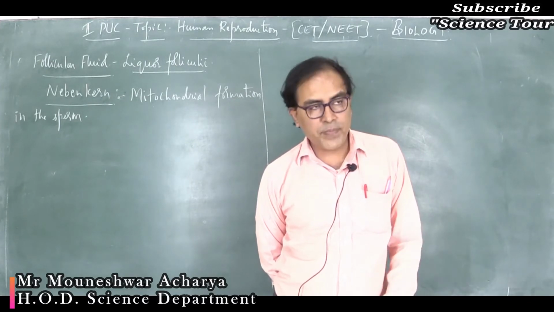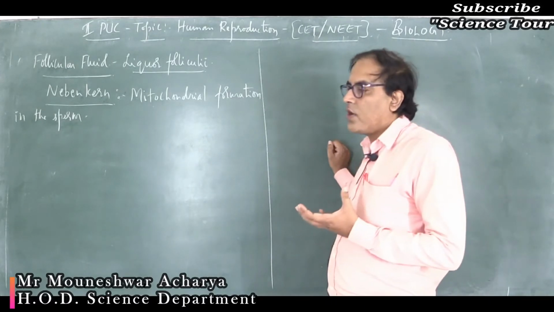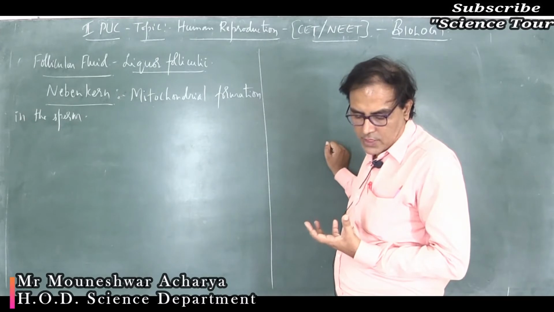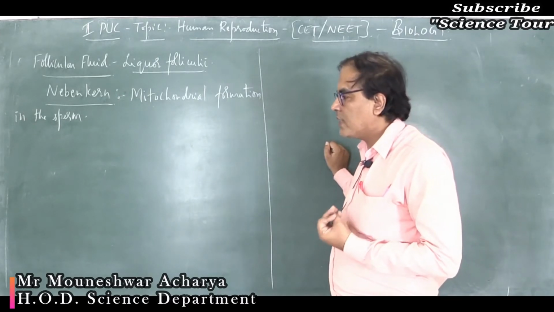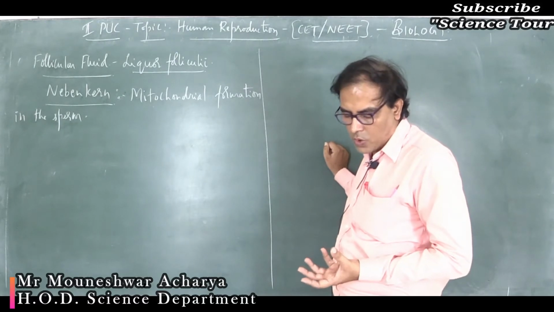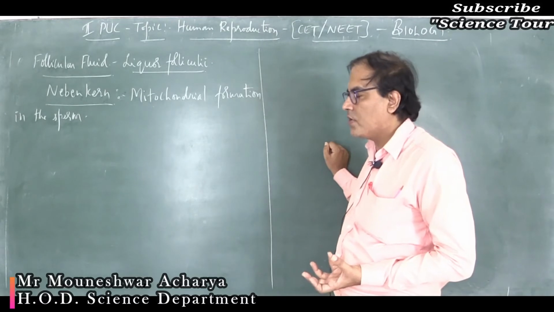It is not the fallopian tube. Fallopian tube means the oviduct, which is part of the female reproductive organ. Pituitary is the master gland which secretes the pituitary hormones. Ovary is nothing but the female reproductive organ.